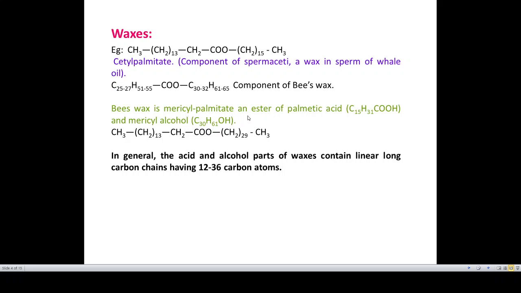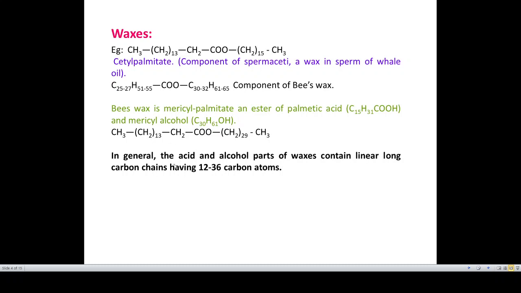As I said, it is an ester of palmitic acid, which is C15H31COOH, and myricyl alcohol, where the number of carbon atoms is 30 and the molecular formula is C30H61OH. So this is the structural formula for beeswax.